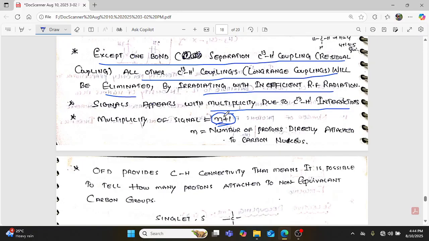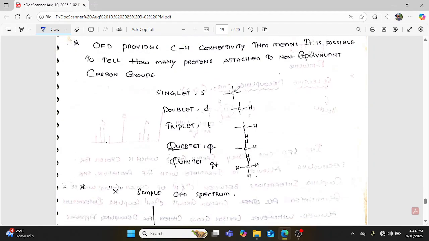N indicates the number of hydrogens at the carbon. If there is no hydrogen at the carbon, it will appear as a singlet. If one hydrogen is there, doublet. If two hydrogens, triplet. Three hydrogens, quartet.